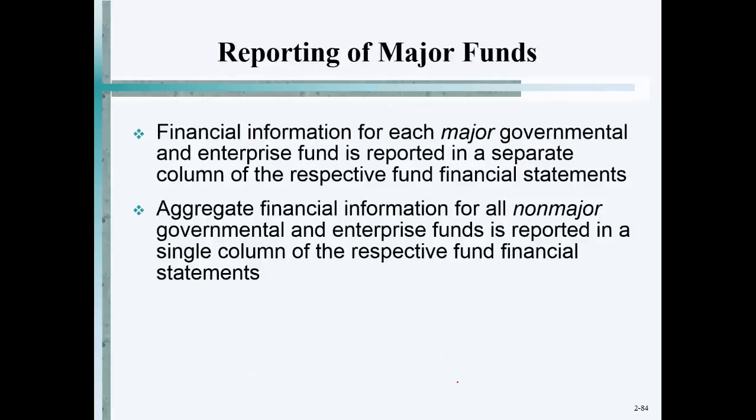Let's talk about major funds. I think the other day we had the question, if there's 11 different funds and we added up the number of financial statements for each fund, would there be 24 different financial statements? And remember I said, no, they report them in columns, right?